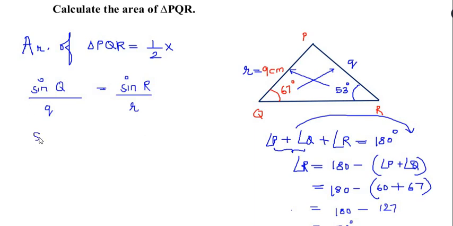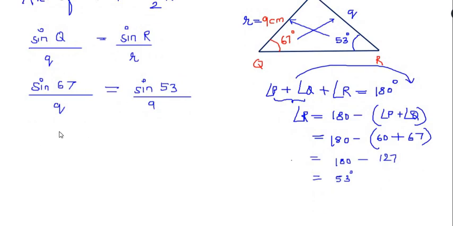So here we have sine of angle Q, which is 67 degrees, and side Q is what we need to find out, equals sine of angle 53 divided by side R, which is 9. Here we cross multiply, so we get Q equals 9 multiplied by sine 67 divided by sine 53 degrees.